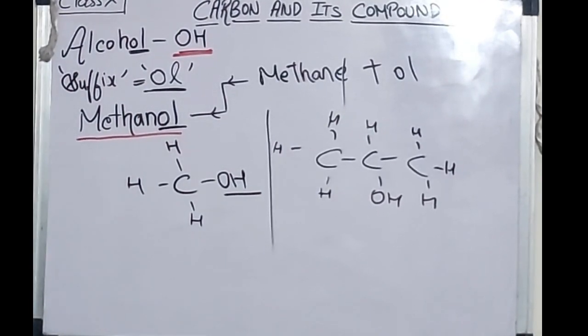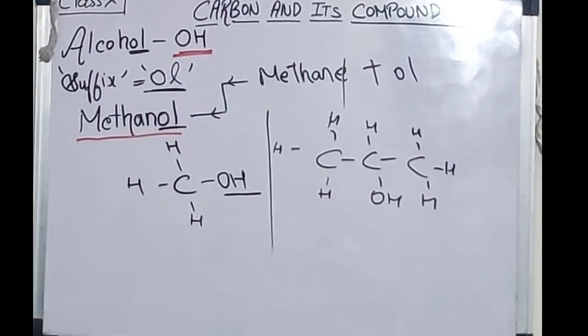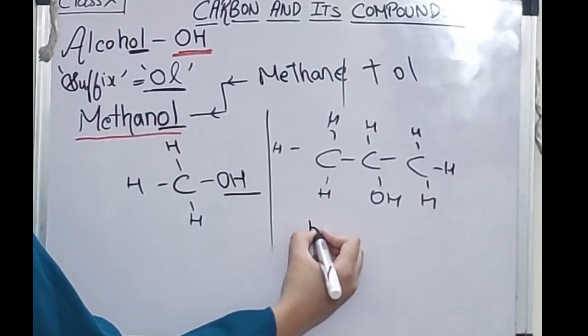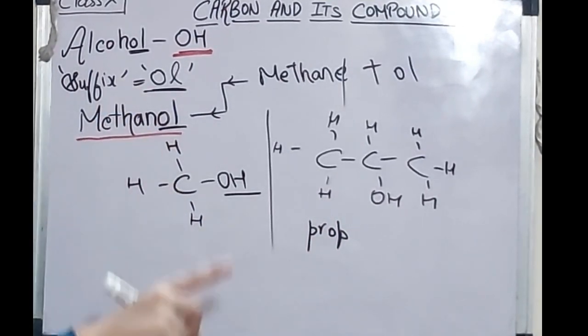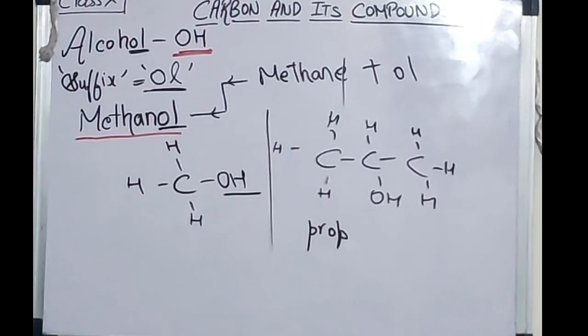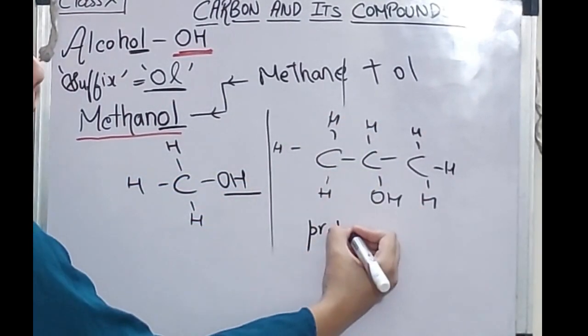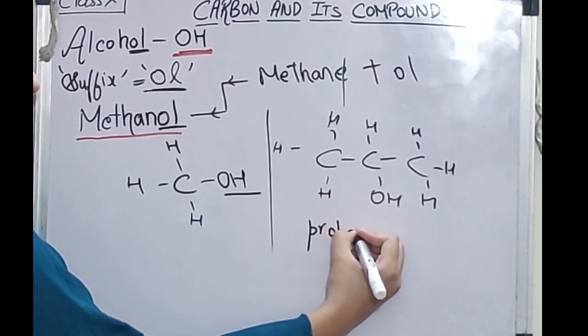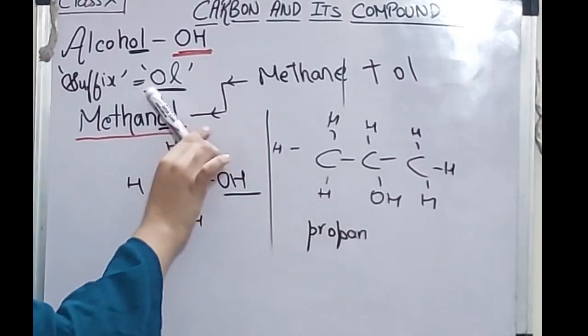So, yeah. How many carbons are there? 1, 2, 3. 3 carbons means meth, eth, prop. So I wrote prop. Now, for a single covalent bond N is used, for double ene, and for triple ine. Here it is a single covalent bond, so I will write propan, and OH means OL.